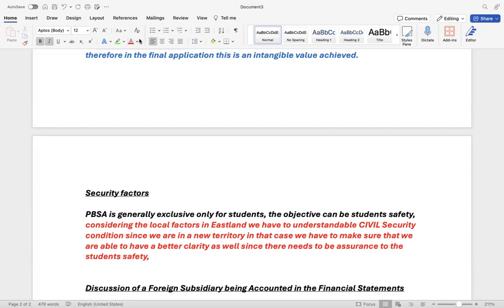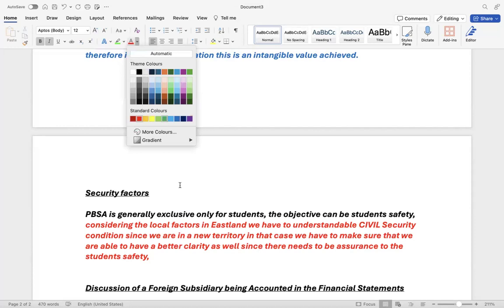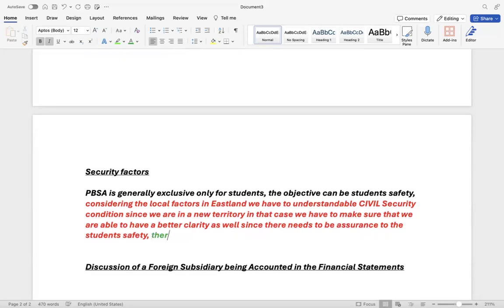So in that case, students, the results, so I can say the application, the results, there needs to be an outsourcing arrangement to a local security firm.